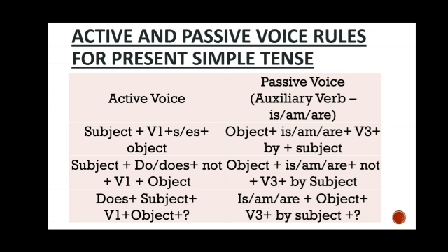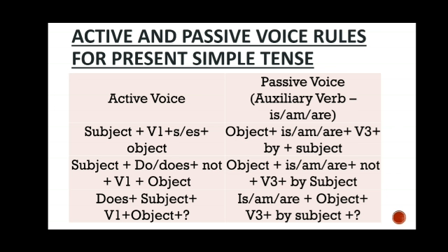Active and passive voice rules for present simple tense. How will you change a present simple tense? Now see, at first in simple present we use subject, then first form of verb. In the first form of verb we add s or es, then object.